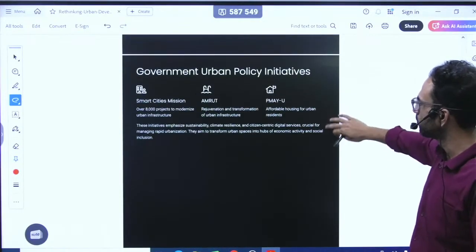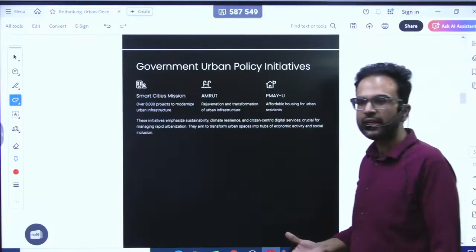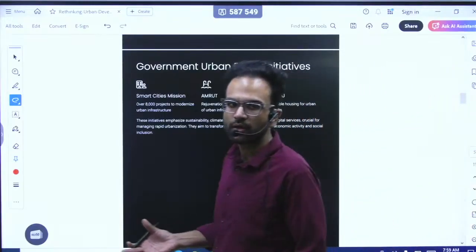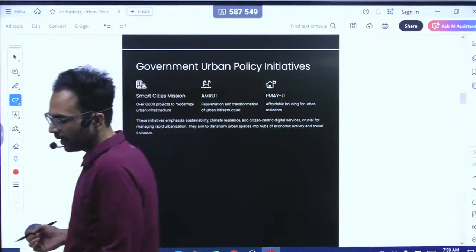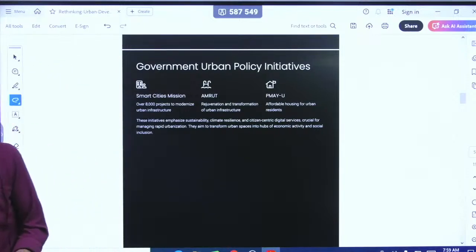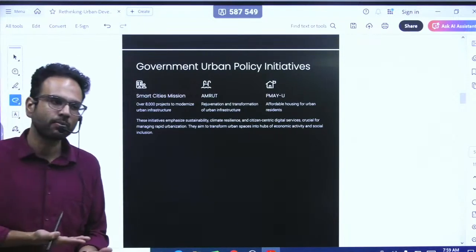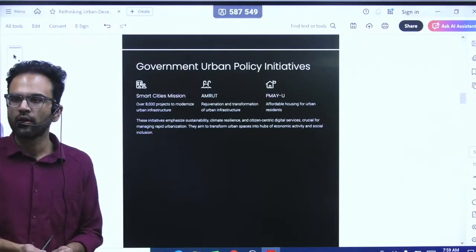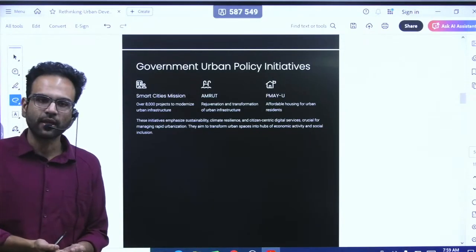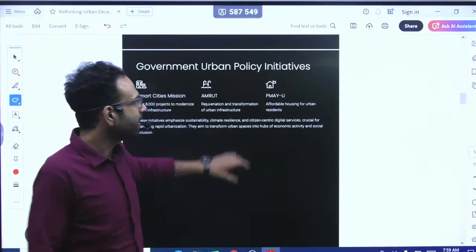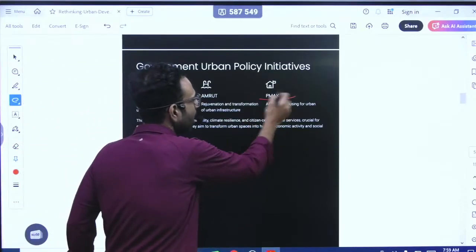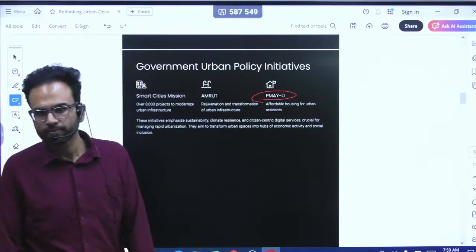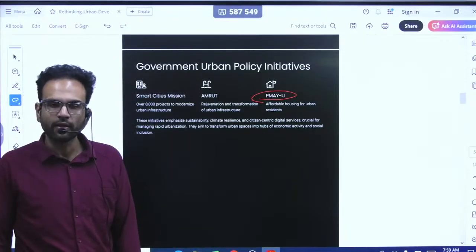Now, because we need urban centers, it is the prerogative of the government to come up with certain government schemes to facilitate that. You need to know what those schemes are. For housing, we have Pradhan Mantri Awas Yojana urban component, PMAYU.